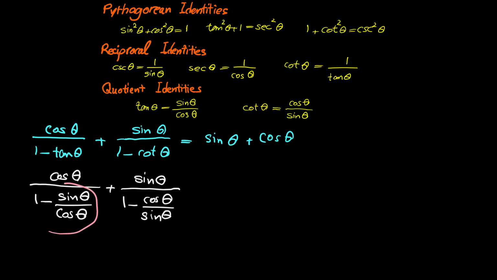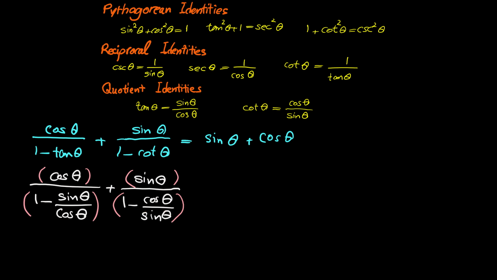When we look at this, we notice that we want to eliminate this cosine. How can we eliminate that? Simply, we can multiply the numerator and the denominator. And also for this, we want to get rid of this sine here.